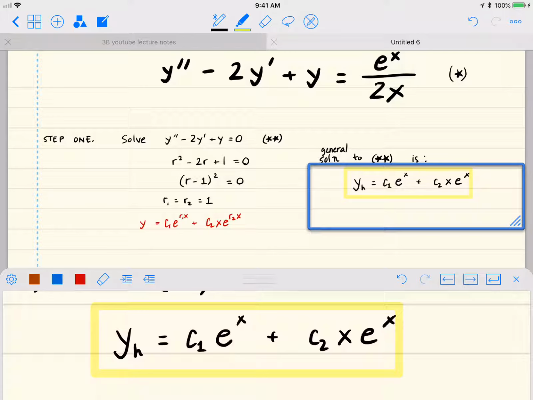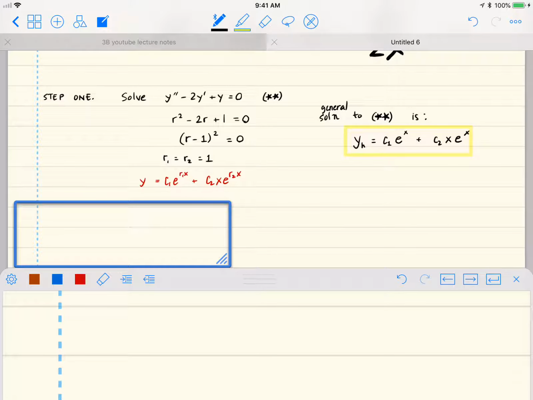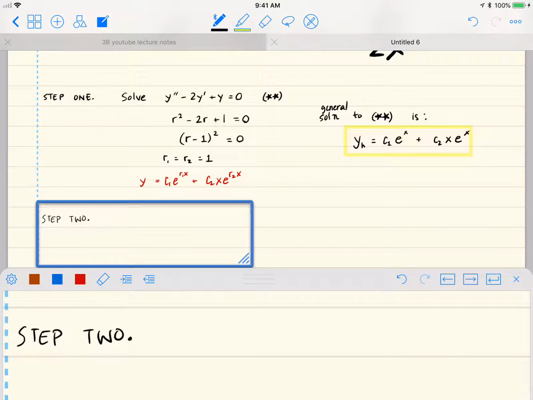Okay, now let's do step 2. Step 2 is we're supposed to figure out y1 and y2.